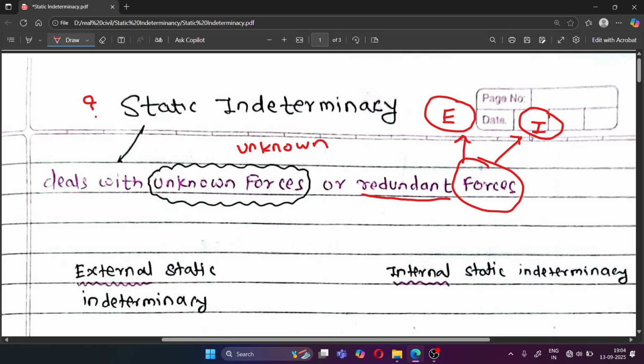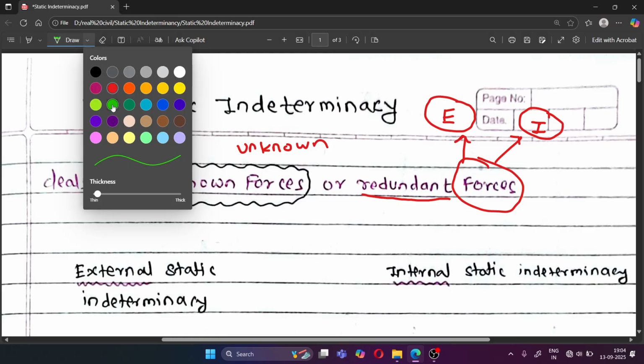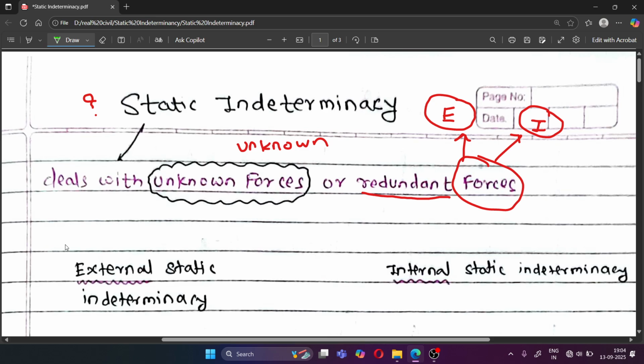As there are two types of forces, static indeterminacy also has two types. The first type is external static indeterminacy, and the second one is internal static indeterminacy. External unknown forces is the first type, and second, internal unknown forces.